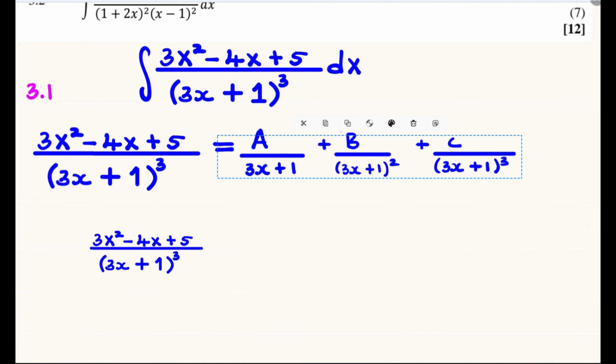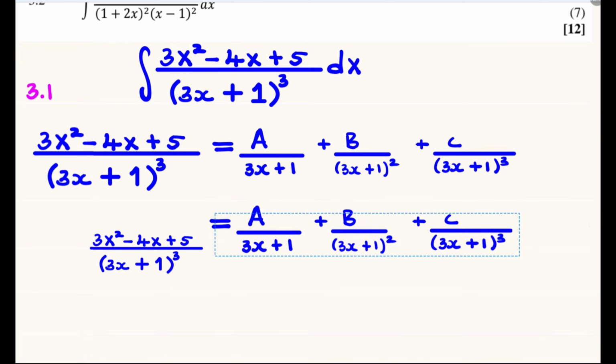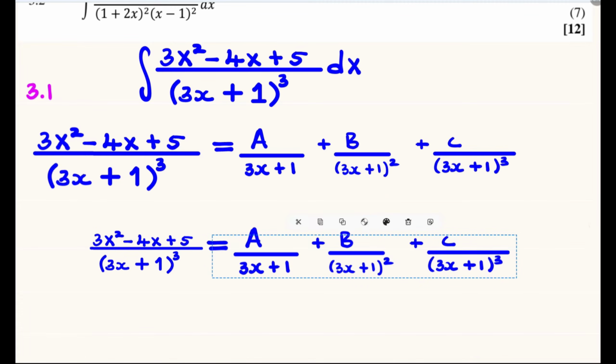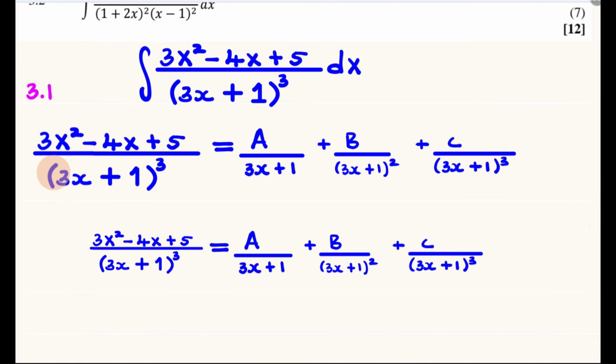The first step is for us to multiply both sides of the equation by the (3x plus 1) raised to the power 3, so that we can cancel the (3x plus 1) raised to the power 3 in the denominator.